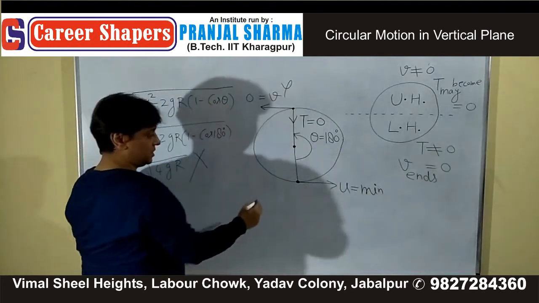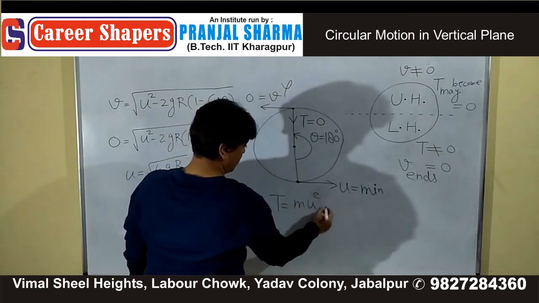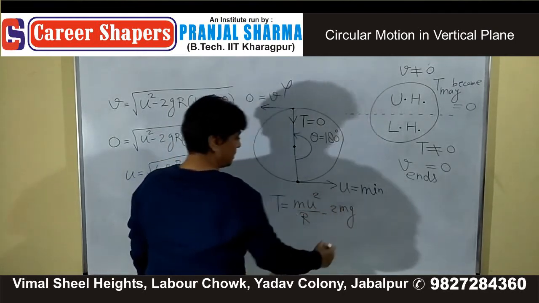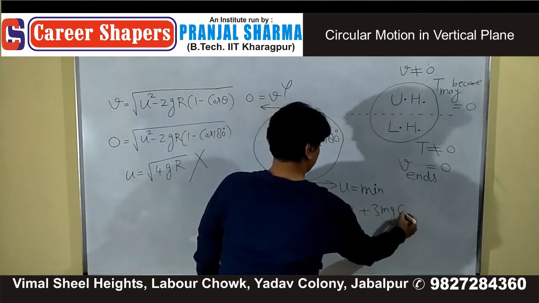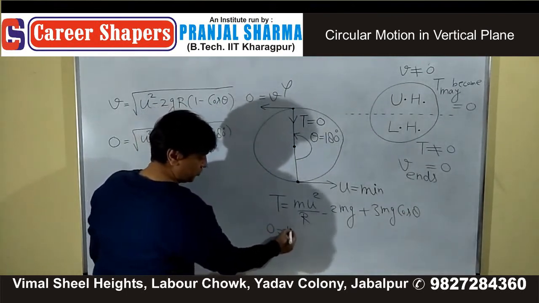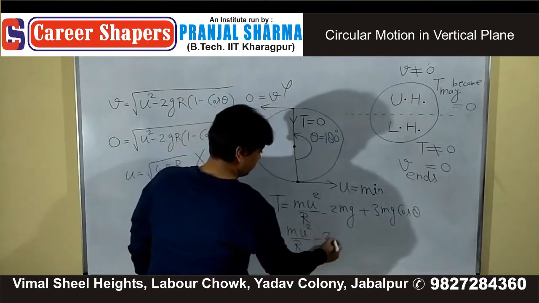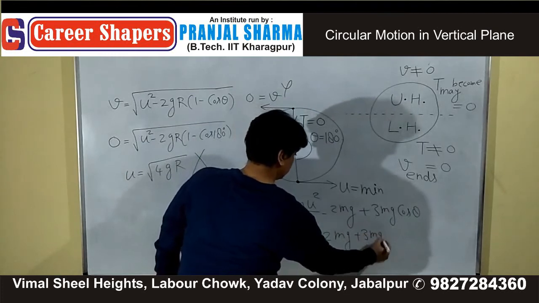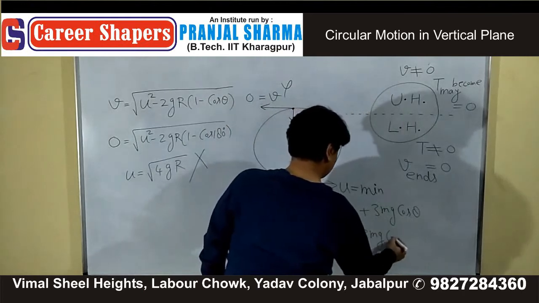What's the formula of T? T is mu square by R minus 2mg plus 3mg cos theta. T has become 0. We need to find U. Theta is 180, cos 180 is minus 1.